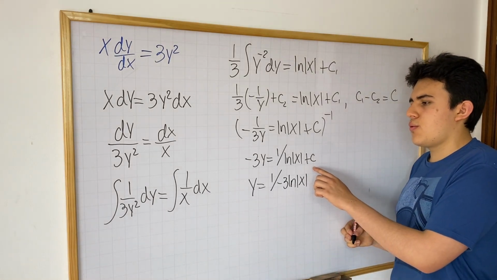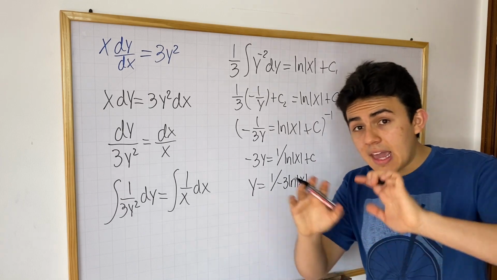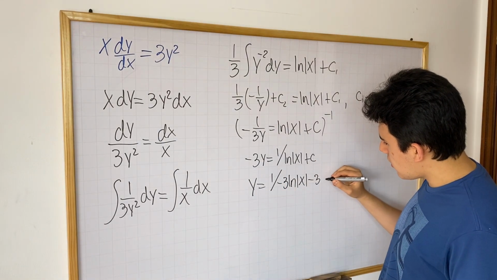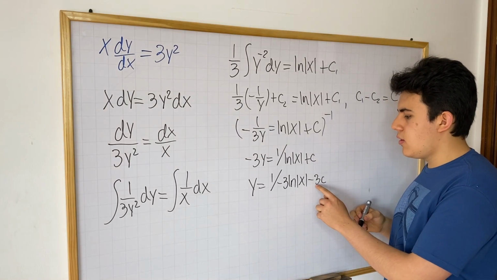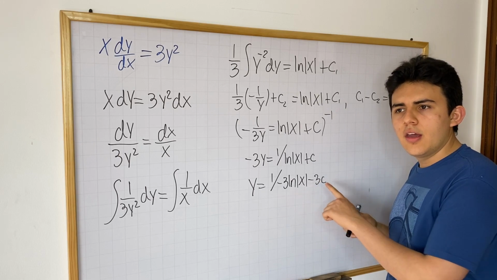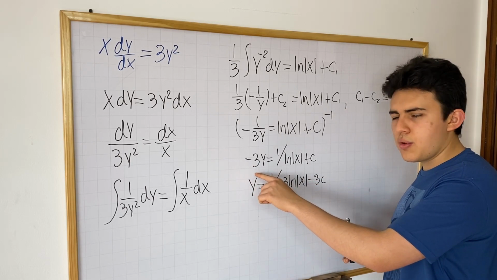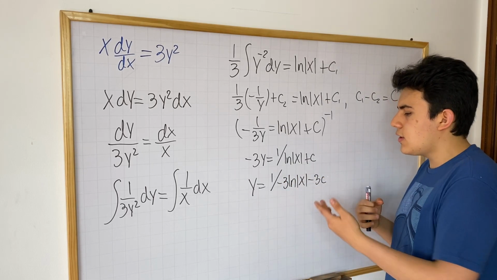Now, once again, you could write minus 3c, but c can be any constant. So the sign in this case doesn't matter. If c is a negative quantity, you're going to get back a positive number, okay? So you shouldn't be concerned about the negative that the 3 carries and the effect it has on the right-hand side of the equation, because c can be any constant.